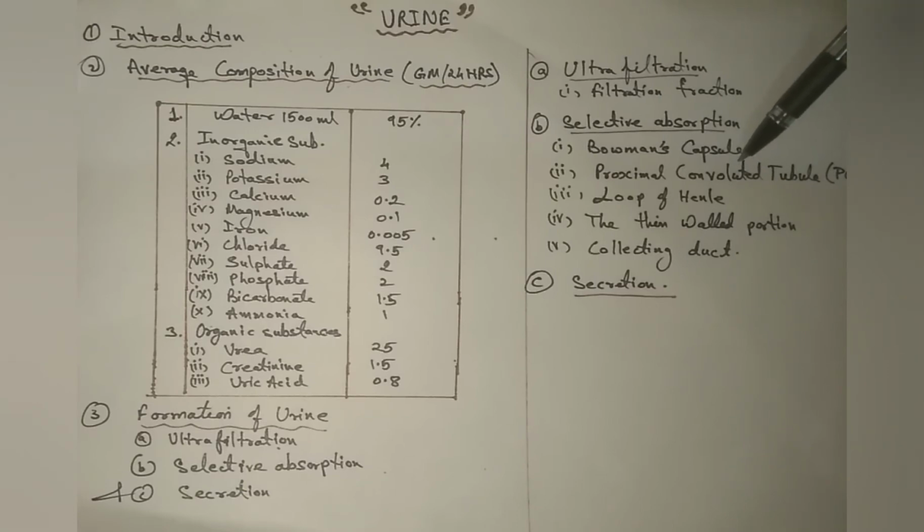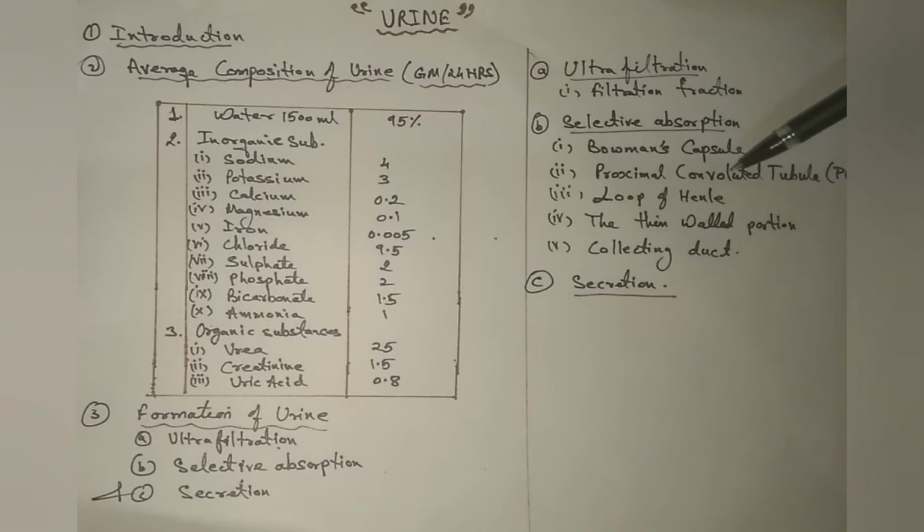The glomerulus is formed by afferent arteriole and efferent arteriole. The diameter of afferent arteriole is more than the diameter of efferent arteriole. So the blood pressure in the blood vessels of glomerulus is high.